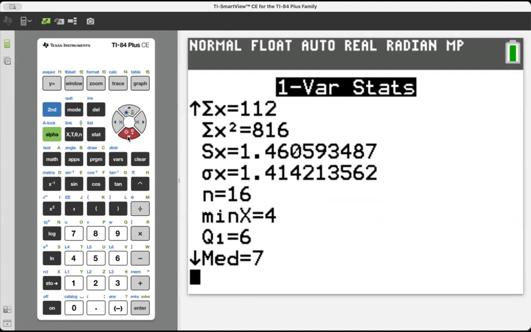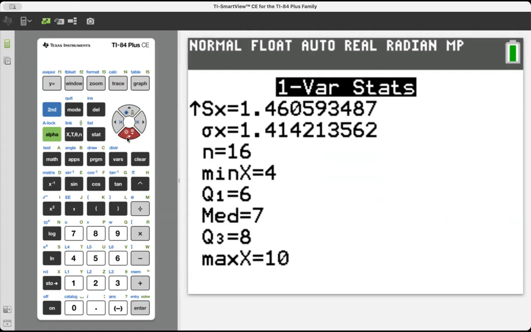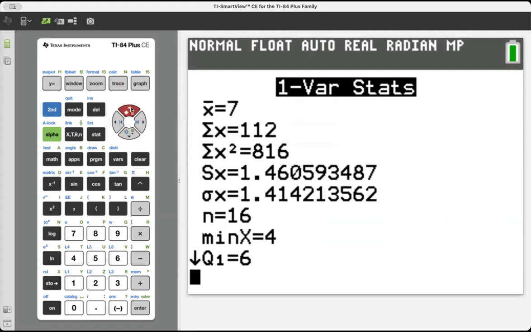Use your arrow down button to get to the next page. Okay, and you see MED come out. MED equals 7. So the two numbers I want to pull out right now are the median and the mean. X bar equals 7 and median equals 7. So with those numbers, let's go back to the slideshow. The median and the mean are both 7.